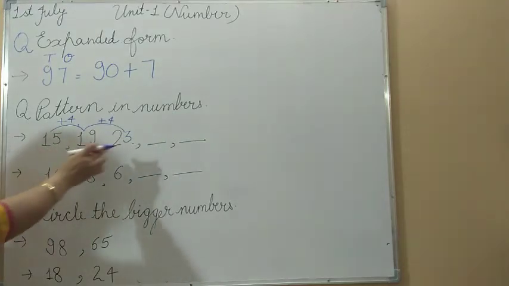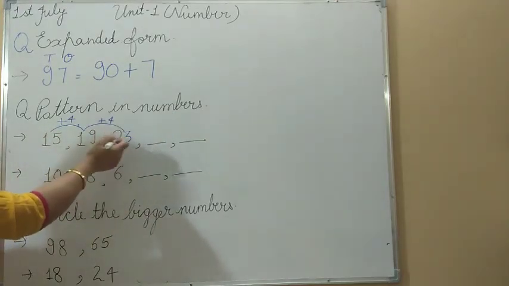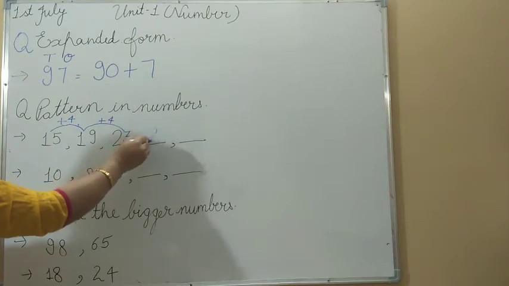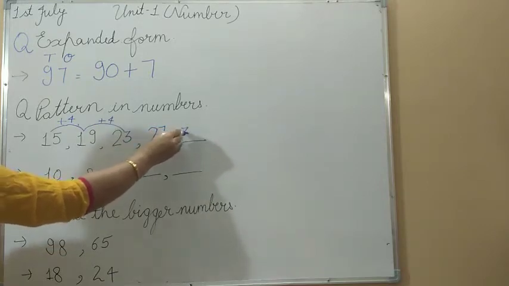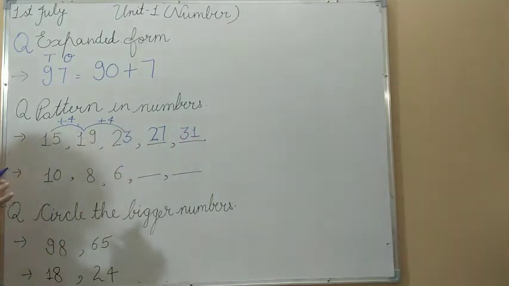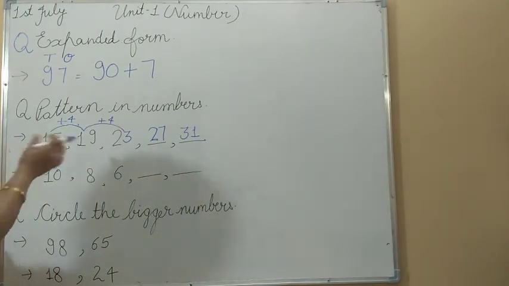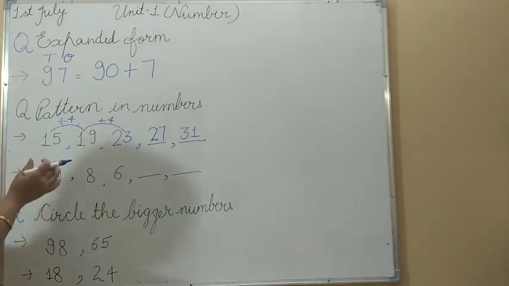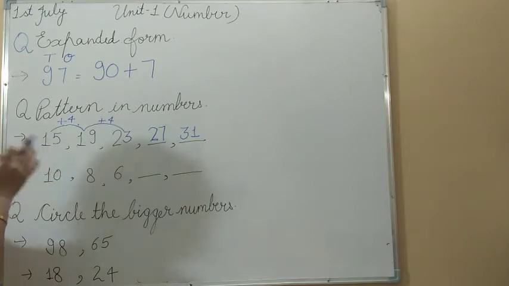Now what will be the next number? 23 plus 4 is 27, and 27 plus 4 is 31. In this way we have to find out which pattern is followed in the numbers and how much we have to add or subtract.